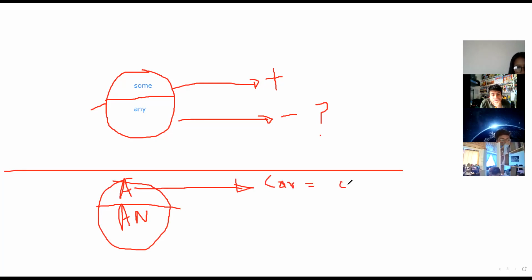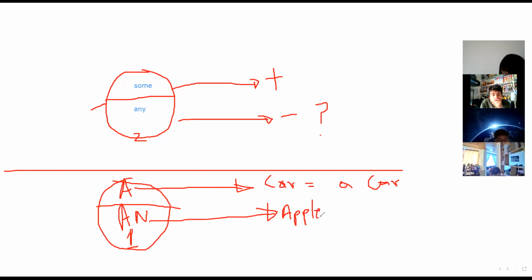Uno decía a y colocaba aquí car, porque esta es una consonante. Ese es singular, de una cosa, en cambio acá es de dos en adelante. Y este an generalmente lo colocábamos cuando empieza con vocal. Entonces, la palabra empieza con vocal, apple.